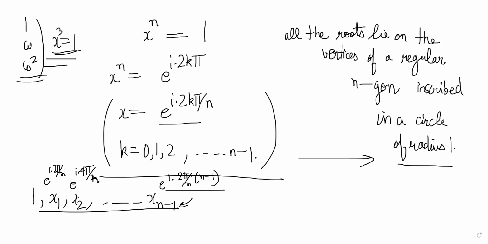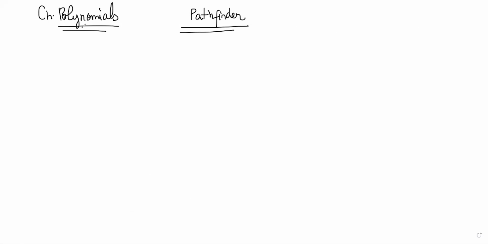Actually, what you should do is go through chapter 1, the chapter on polynomials and theory of equations, in the senior Pathfinder. In that Pathfinder book, you can start solving questions from there. Like the last class, I asked you to do the beginner first and build up your understanding.